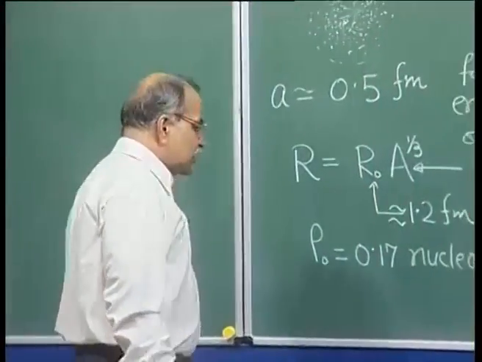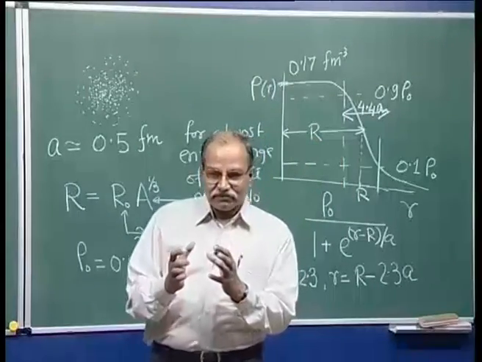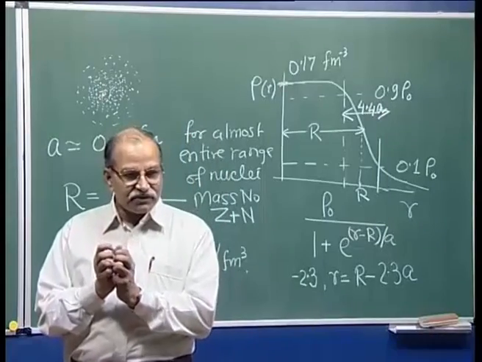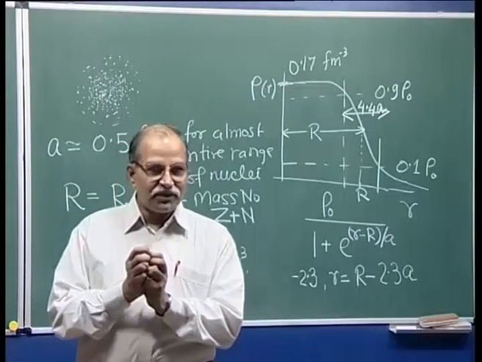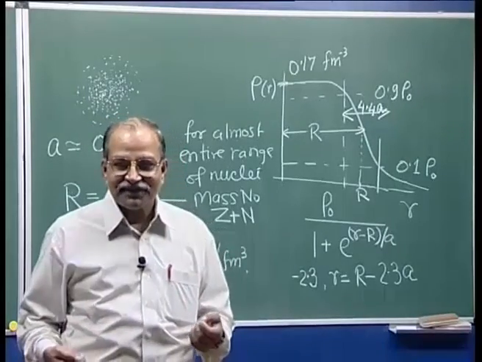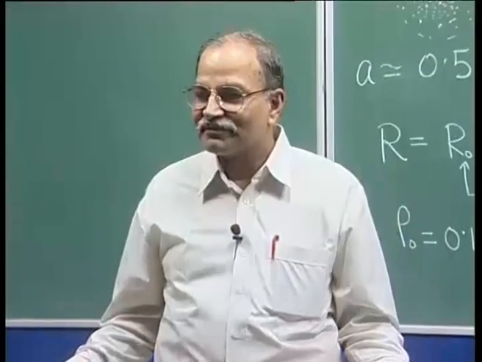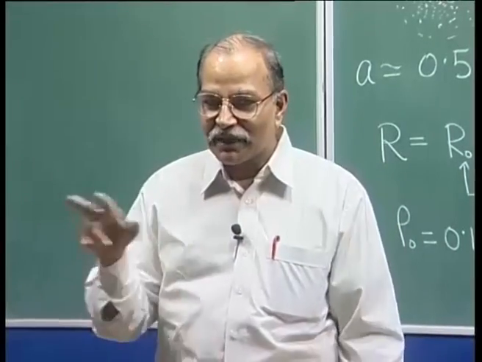Now, let me ask a question. The nucleus is there because of nuclear attractive forces, because inside the nucleus you have protons and protons repel each other, and therefore, the nucleus should just fly apart, Coulomb repulsion.